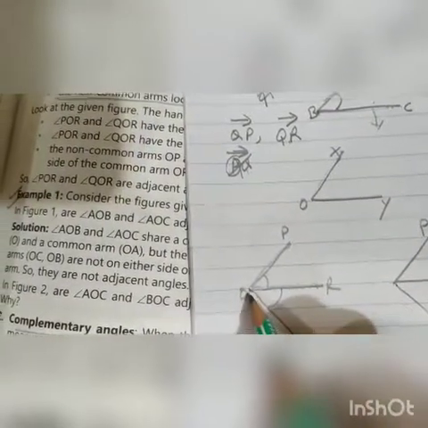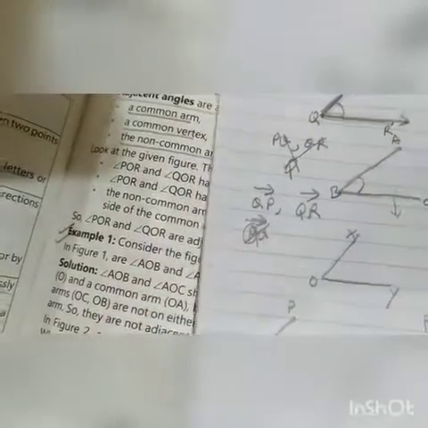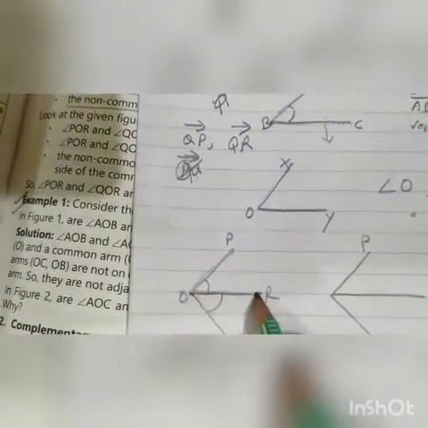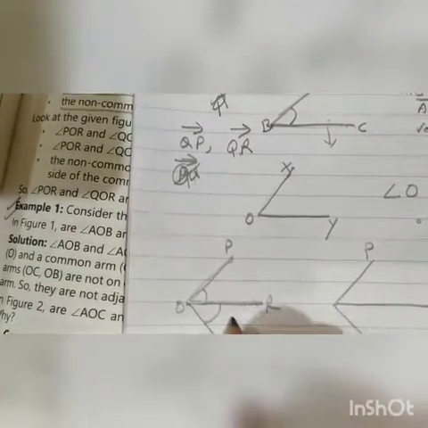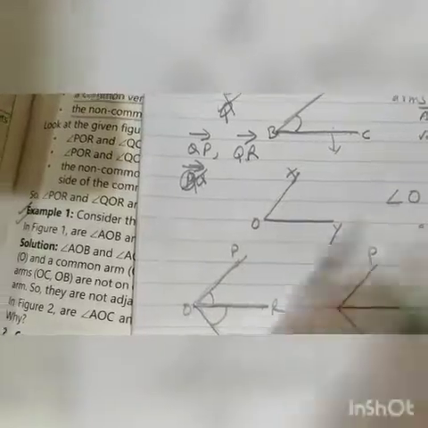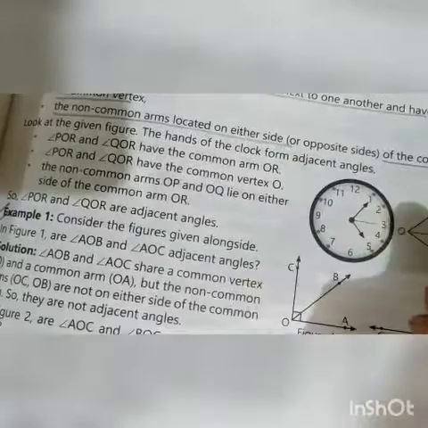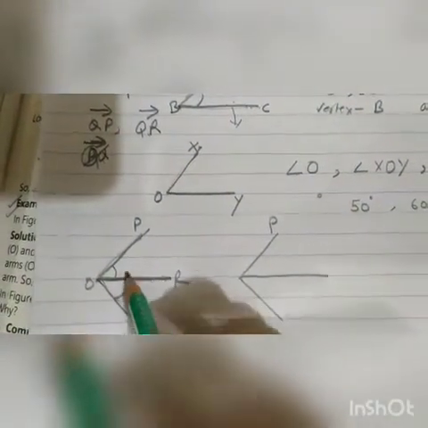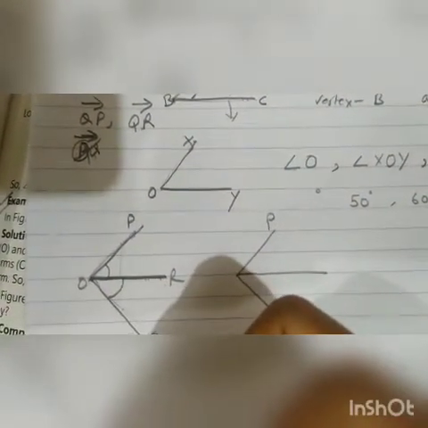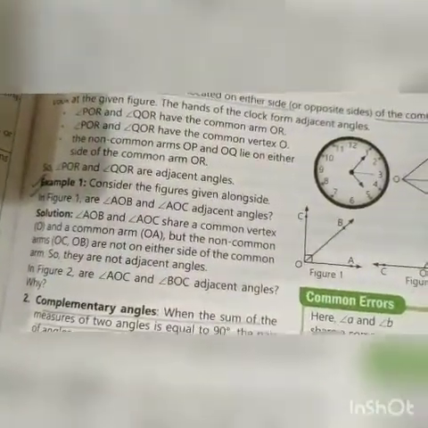Both angles have the same vertex, O. Then third is non-common arms. This is the common arm because it is continuing. This arm consists in both the angles. These two are the non-common arms, located on either side or opposite side of the common arm. One is on this side, the other on this side. So these are the adjacent angles.